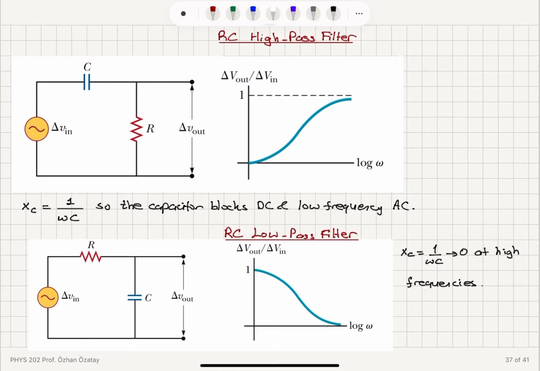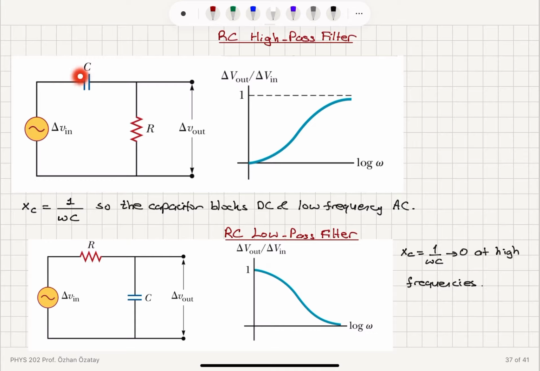For the filter circuits, we can have an RC high-pass filter. In this case, the AC source is connected to a capacitor and then to a resistor, and we're looking at the output voltage appearing across the resistor. Now, since the capacitive reactance of the capacitor is 1 over omega C, when omega is equal to 0 at DC, we will have infinite resistance.